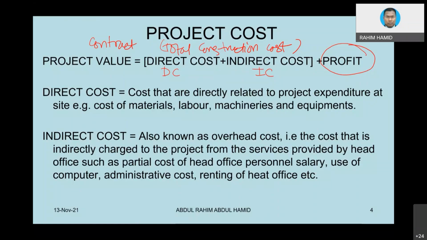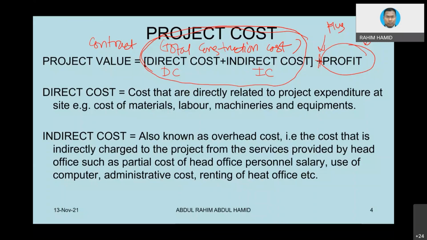Cost plus basically refers to this concept: the cost, plus profit. In negotiated tender, we utilize the cost plus concept. All the costs will be paid by the client, and on top of that, the contractor will be paid some amount of profit. But the issue is how the profit is going to be determined.